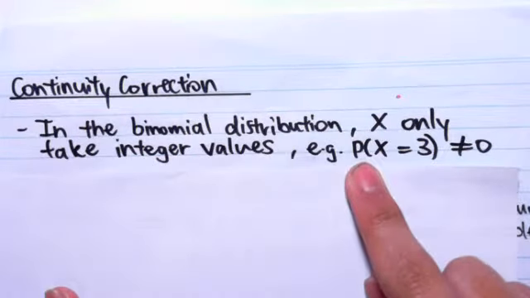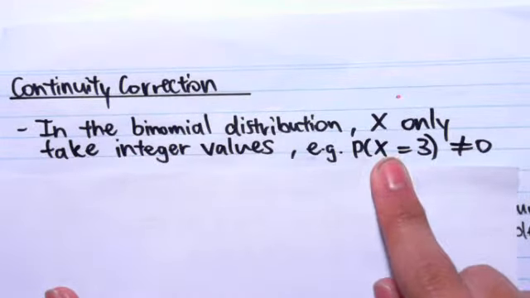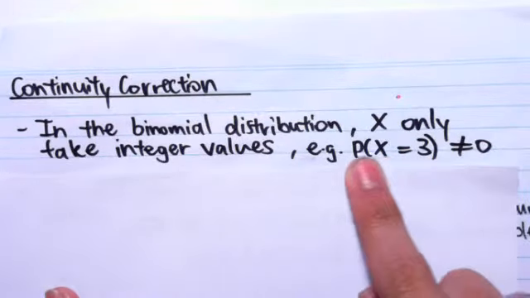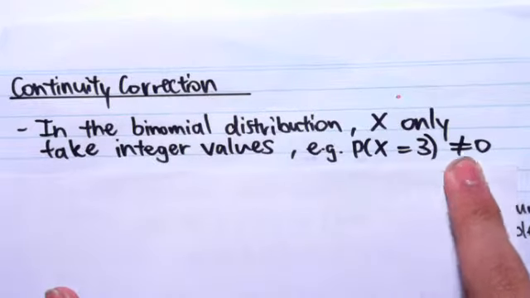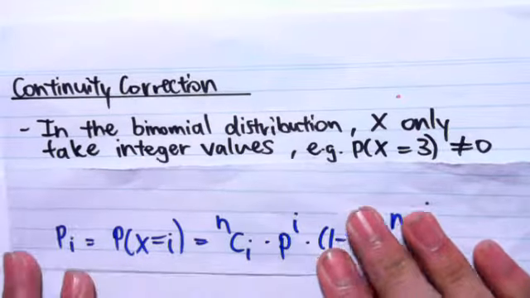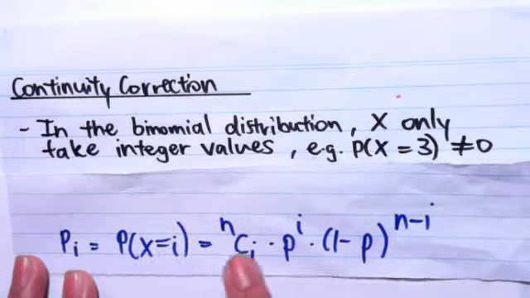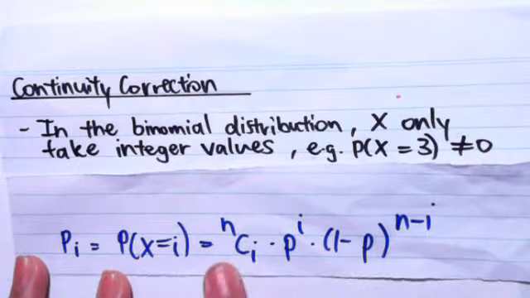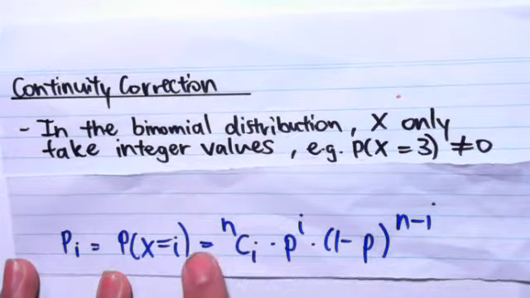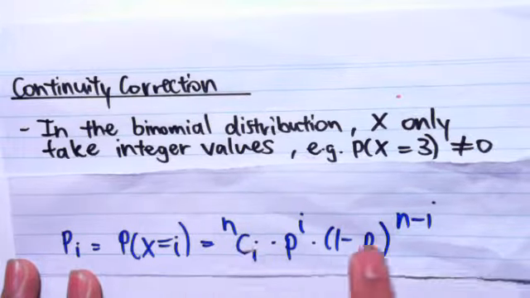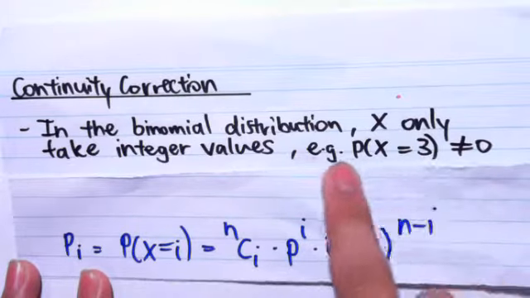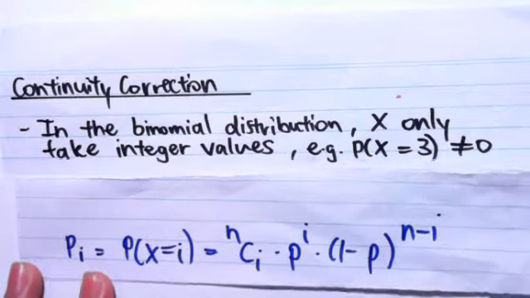And so we know that the probability that x, a binomial variable, is equal to a certain integer value, 3, must not equal 0. If you look at this binomial distribution formula here, when you substitute the values for n, i and p into the calculator, you would get a non-zero value. So this is what I mean by the probability being non-zero.